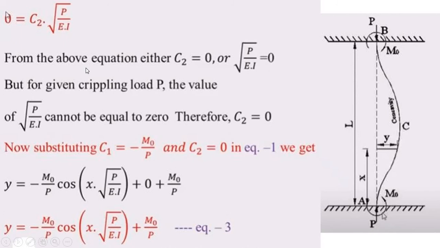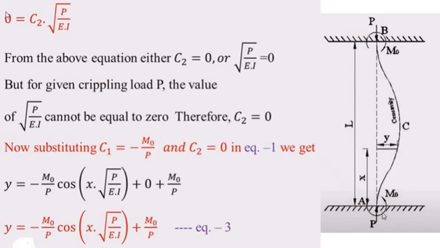From that equation, either C2 equal to 0 or under root P upon EI equal to 0, but for crippling load P, the value of under root P upon EI cannot be equal to 0, therefore C2 equal to 0.